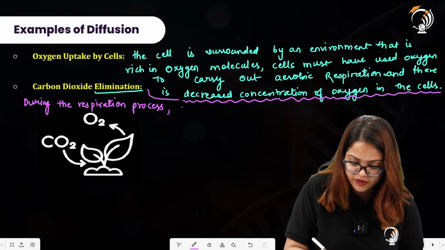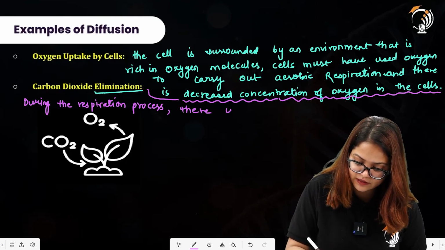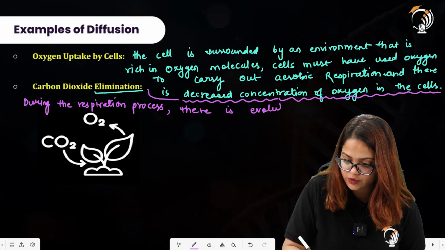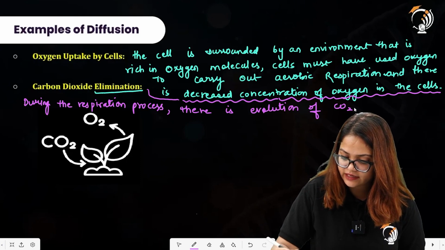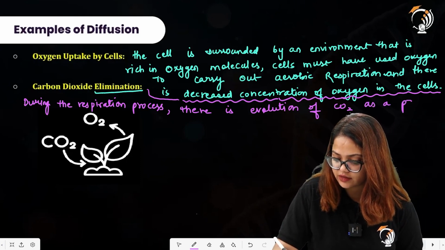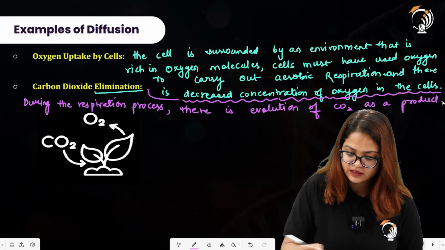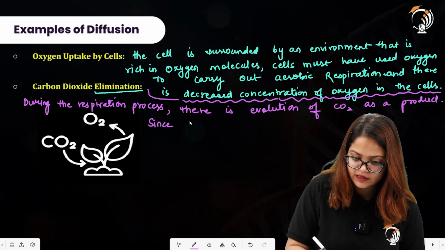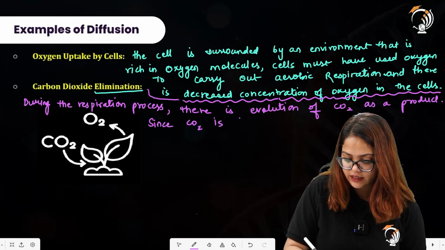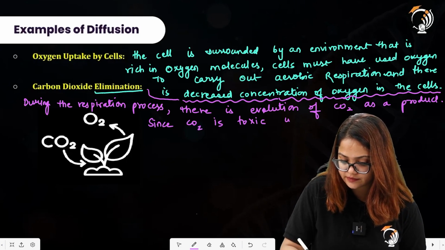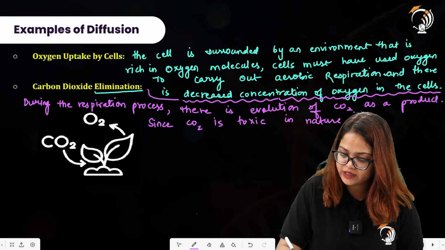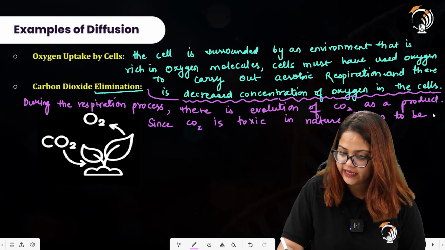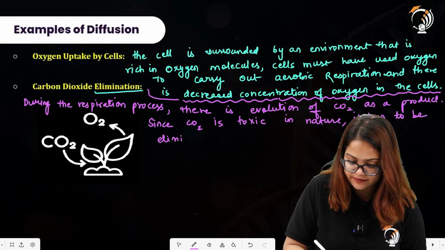During the respiration process, there is evolution of carbon dioxide as a product. Since CO2 is toxic in nature, it has to be eliminated from the cells.